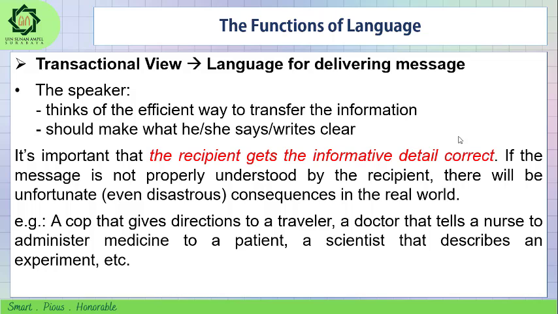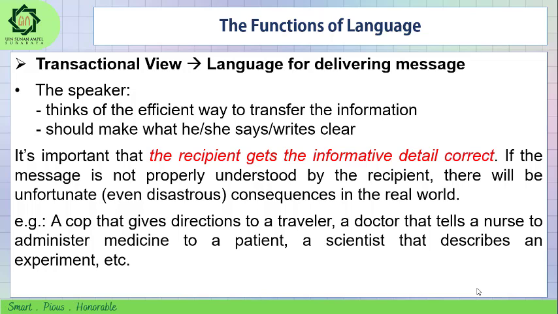For this function, the speaker has to think of the most efficient way in order to transfer the information. The speaker has to make sure that the listener receives the same message as what he or she delivers. And then the speaker should make what he or she says or writes clear.